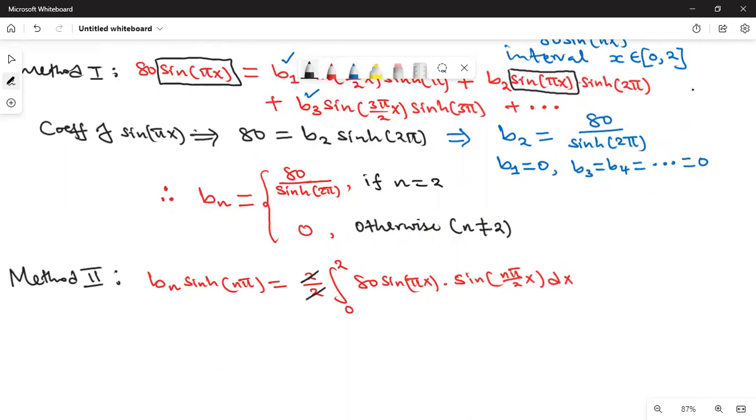This can be written as 80 outside, the integral from 0 to 2 of sine pi x times sine n pi over 2x dx. Look at this integral.